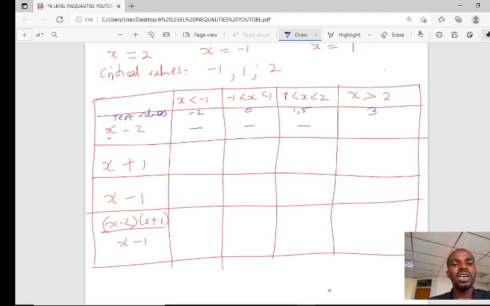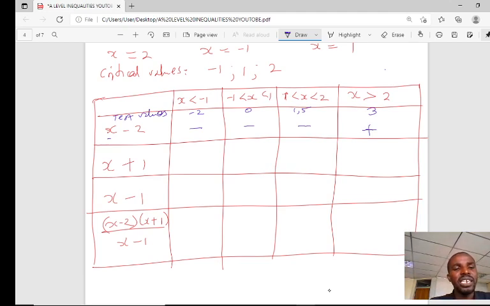Then put 3 where there is x: 3 minus 2 is plus 1, positive. Please take note. We are not much worried about the answer itself, but the sign that the answer carries is the one that matters the most. That is the one we have to write here.